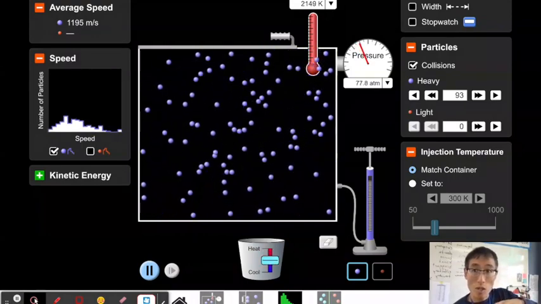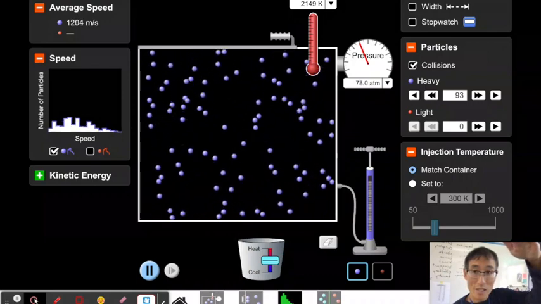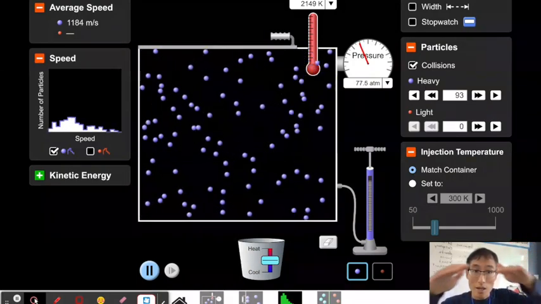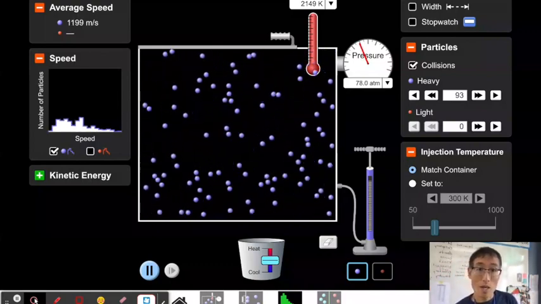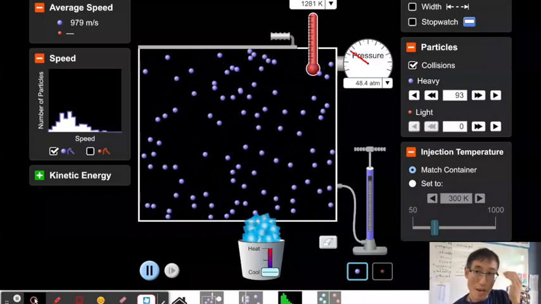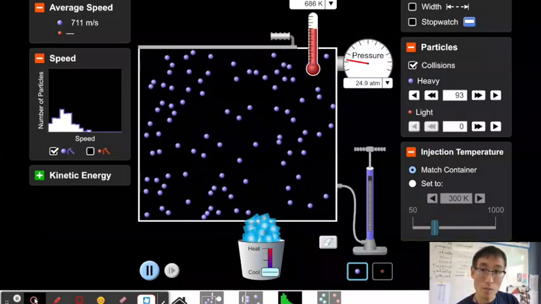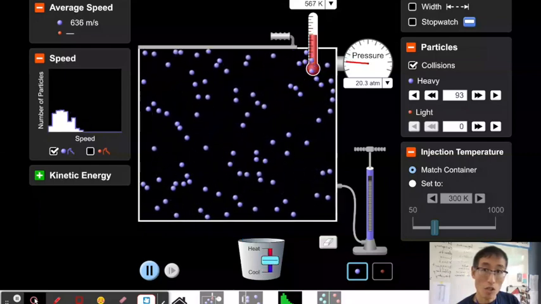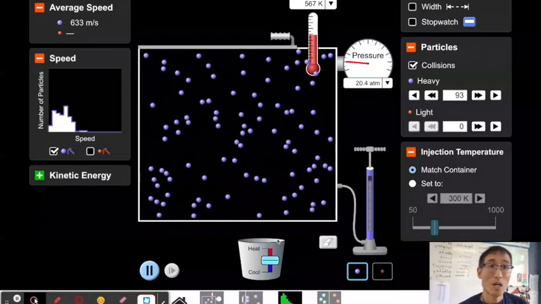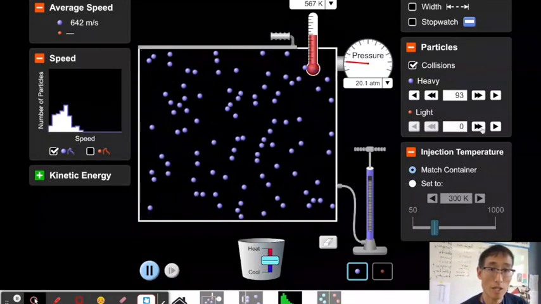So it's going to go more spread out, not as many, and I have some that are really fast, some that are really slow, and then everything's kind of in between. And if I cool down, then it starts shifting back to a lower speed, and now they're all more concentrated at certain speeds.